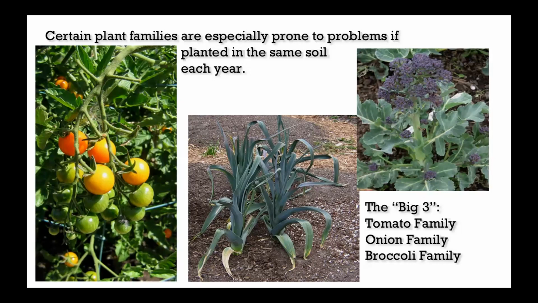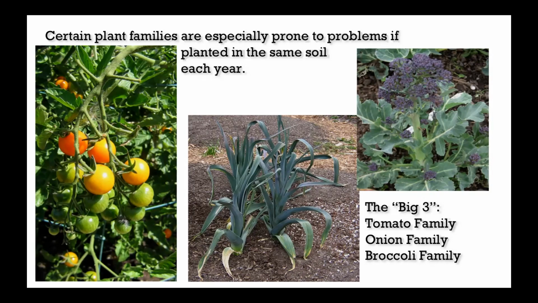Your tomato family, which includes peppers and eggplant; your onion family, which includes garlic and leeks and shallots; and then the broccoli family, which includes a whole host of things like cauliflower, cabbages, arugula, collard greens, all kinds of really yummy things.